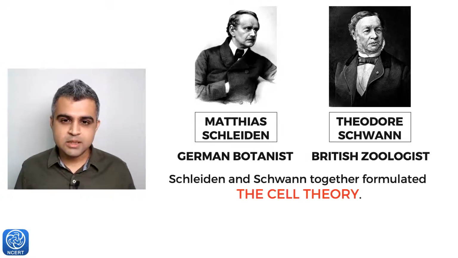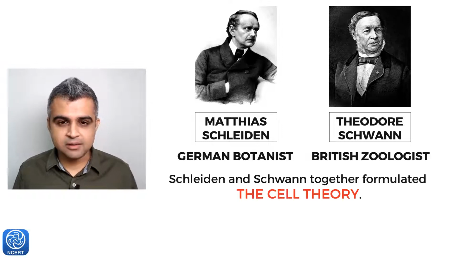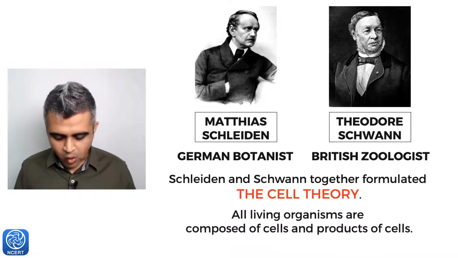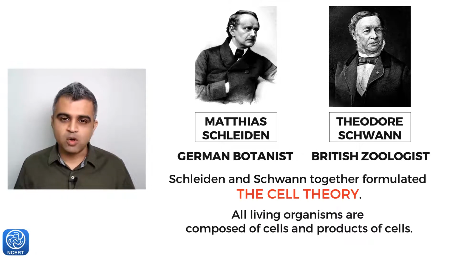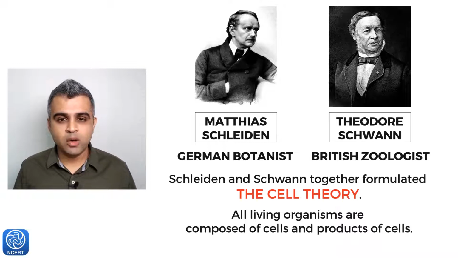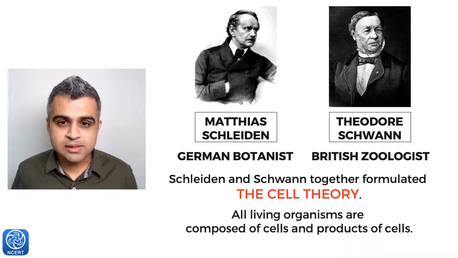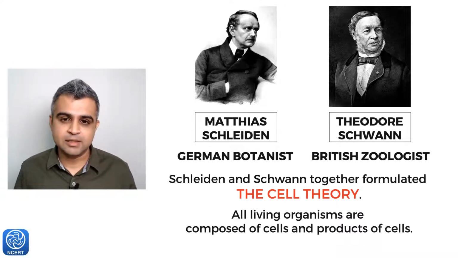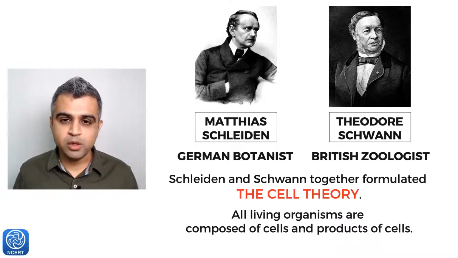So what is the most important point of the cell theory? All living organisms are composed of cells or products of cells. This was the most important point of their theory.